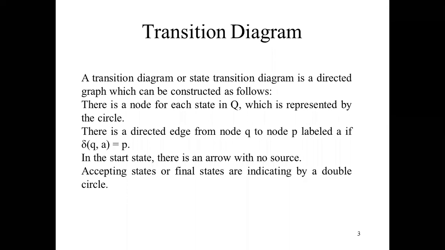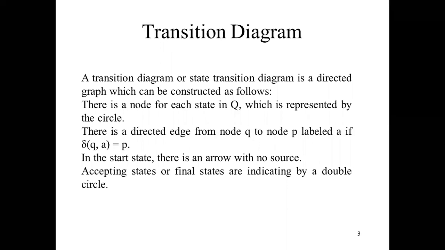First, we will emphasize the transition diagram. What is the transition diagram? The transition diagram, we can say, is a directed graph. The first state is called the start state, and it is connected to the other states. If there is no other circle before it, then we call that state the start state, and it is represented by a single circle only.